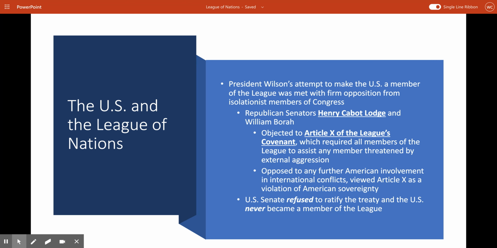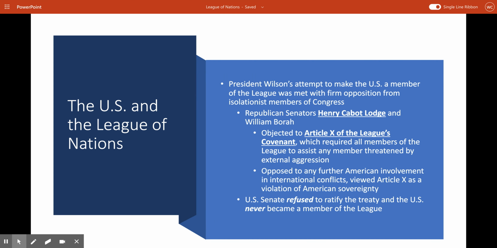President Wilson really lobbied, and by lobbying I mean he literally tried to convince Congress to pass the Treaty of Versailles and to allow the United States to join. If you don't remember from government classes in previous grades, maybe 5th grade or 8th grade, you're supposed to learn a little bit about the structure of the Constitution.